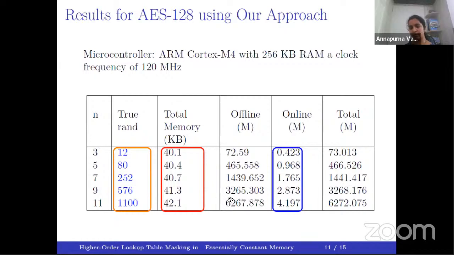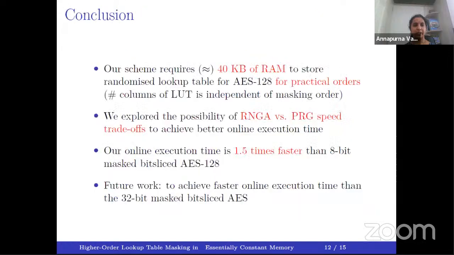We offloaded the heavy part of the computation to the pre-processing phase, and the online computation is 4 million clock cycles. And I would like to conclude: we experimented till 10th order, so it requires approximately 40 KB to store the pre-processed tables plus the random seed input.